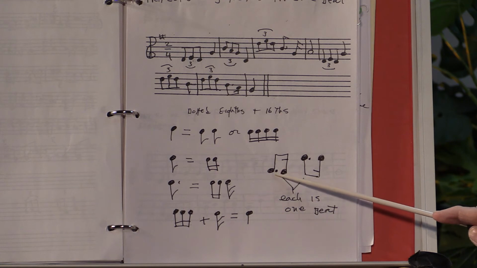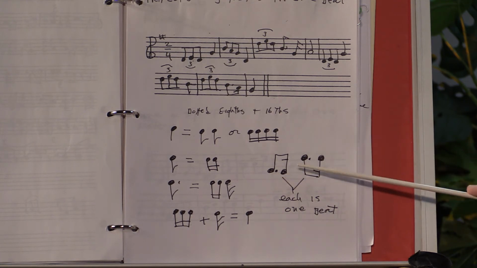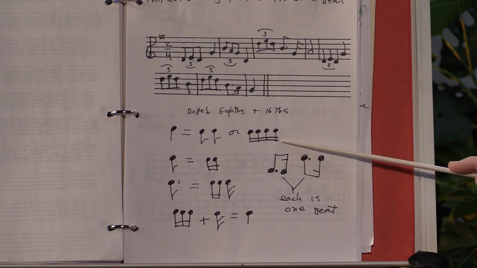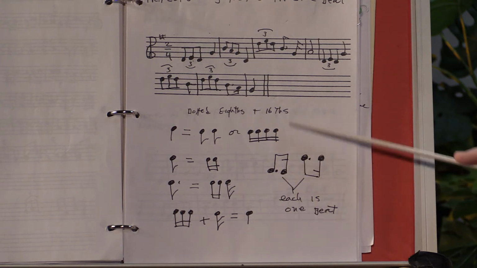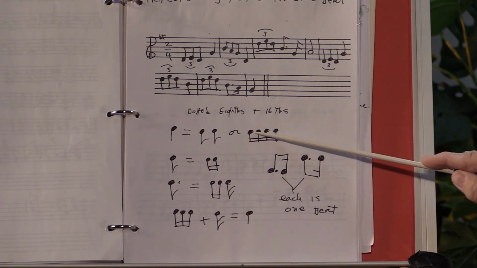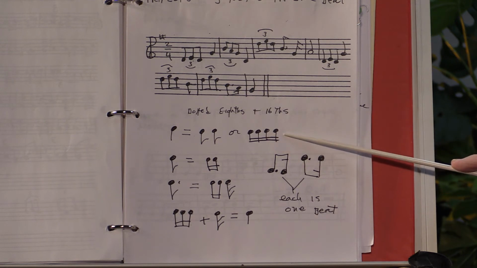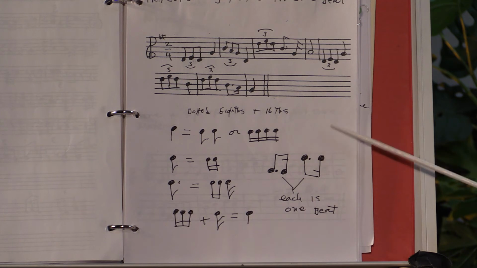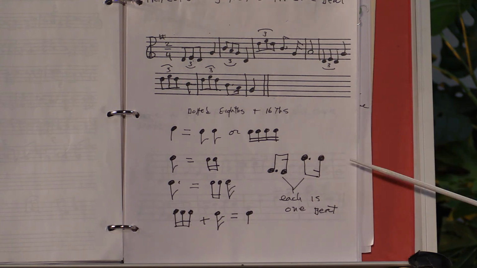So if you have a dotted eighth, it's going to be equivalent to the 3 16ths, and then you add another 16th. How do I know that's a 16th? It has that second line, and that becomes one beat, because all of this, 3 16ths and a 16th, is one beat. It actually is one beat, 4 notes to a beat. So that kind of explains that.